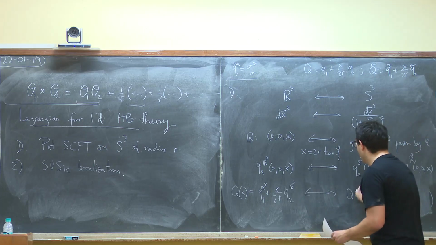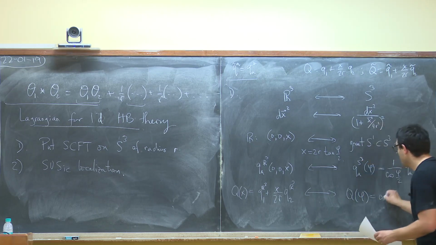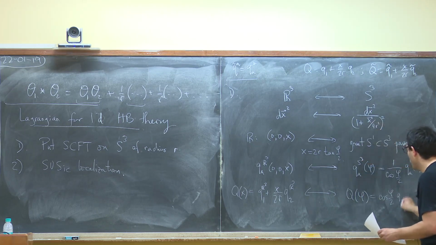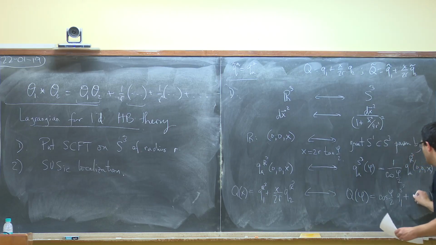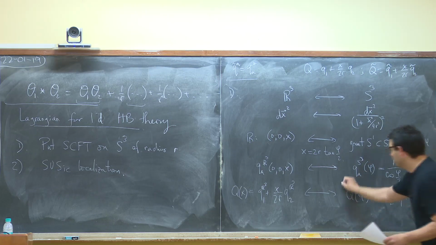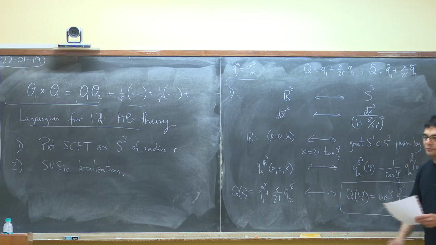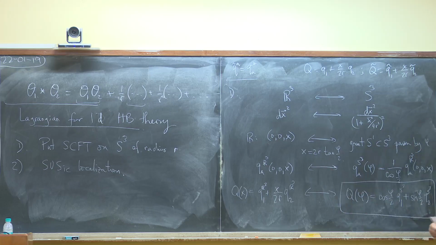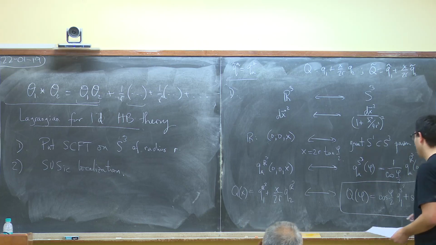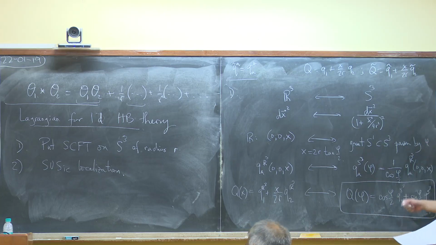So we get that Q of phi is cosine phi over 2 times Q1 on the sphere plus sine phi over 2 times Q2 on the sphere. And the cosine phi over 2 was the statement that it was a dimension half operator. Correct.